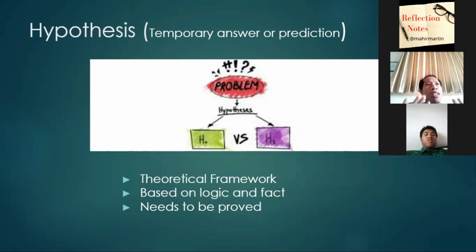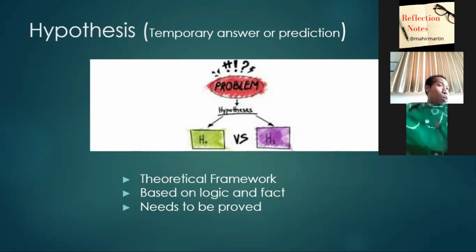Okay. After you state your hypothesis, for example, our hypothesis is corrosion is caused by the water, the next step is I have to prove it. I have to prove my hypothesis, either it is true or not. If it is true, then I'm going to make a report for this.